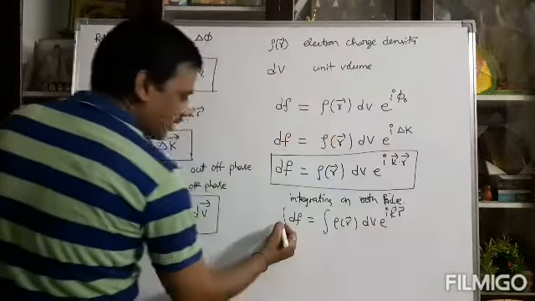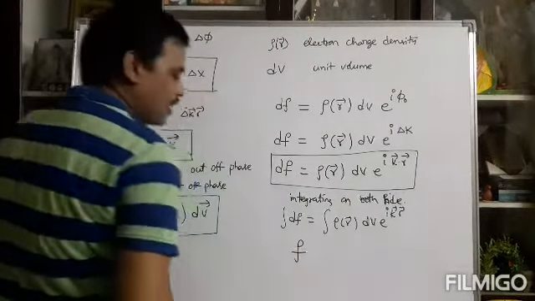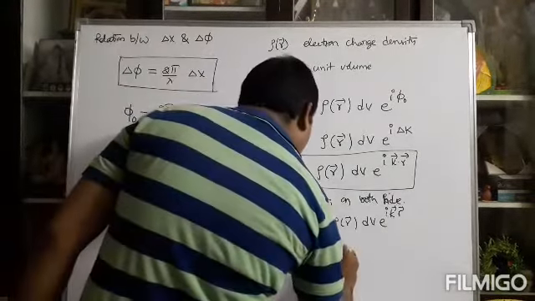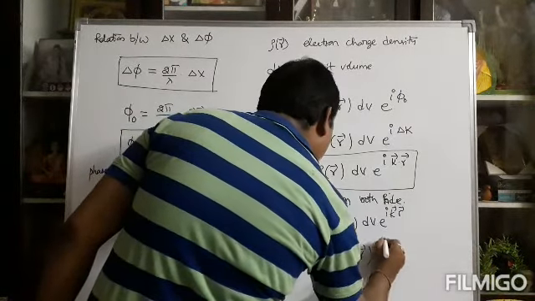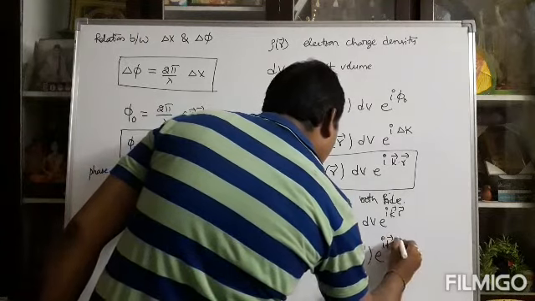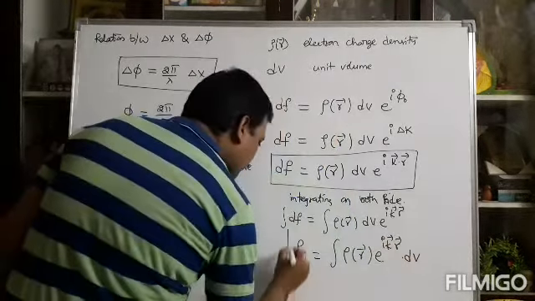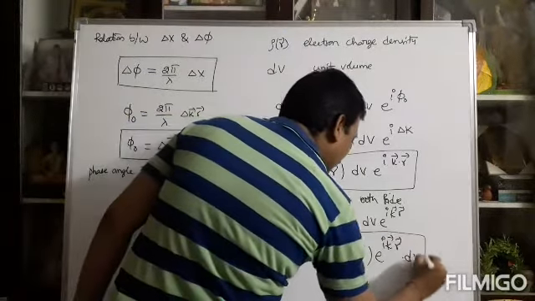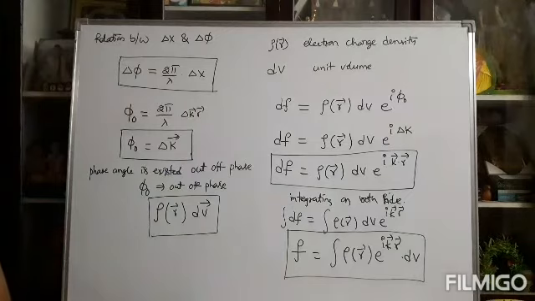Integration of the small form factor is equal to the large form factor value F, which is equal to the integral of rho of r bar into e power i into k bar into r bar into dV. This is the form factor value. That value must be calculated.